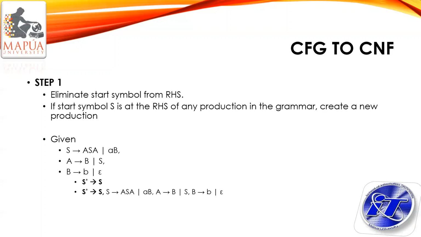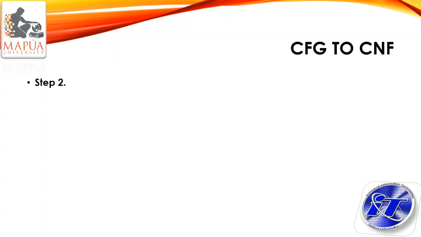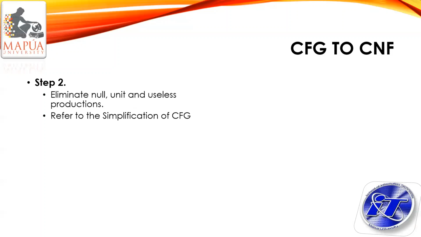In step 2, we're going to simplify our CFG. We're going to eliminate null productions, unreachable productions, and productions that have the format of a non-terminal yielding a non-terminal. Going back to the result of our previous step, I'm going to eliminate the null production first.